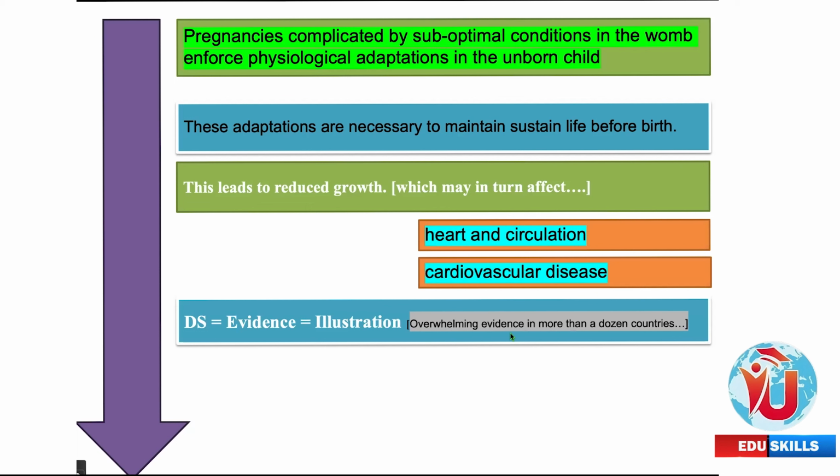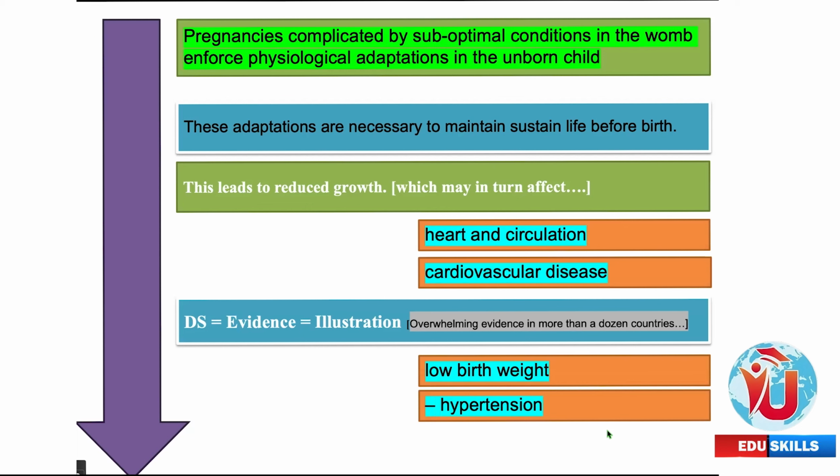Then, overwhelming evidence in more than a dozen countries shows low birth weight, hypertension, and atherosclerosis. Okay. Now you see from here, this is the cause or the problem. Then why the problem happens. Then what is the effect? Reduced growth. And then two effects of this effect. Then the effects of these two effects, three effects of these two effects.